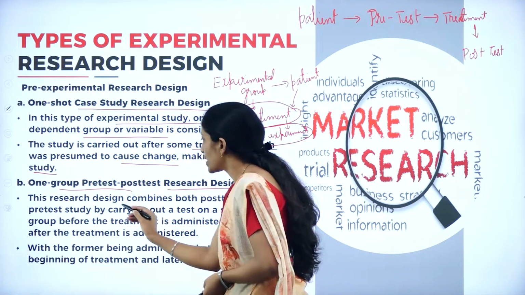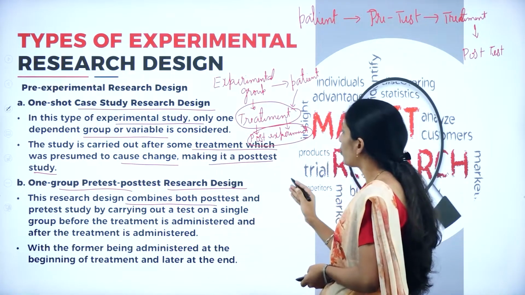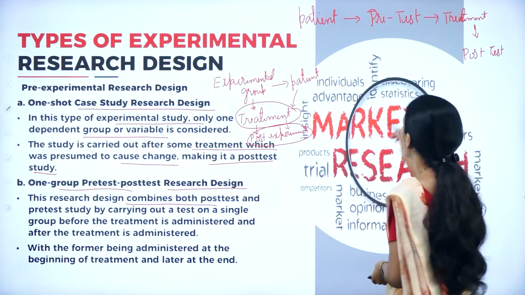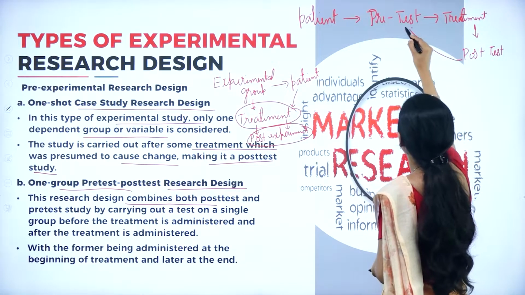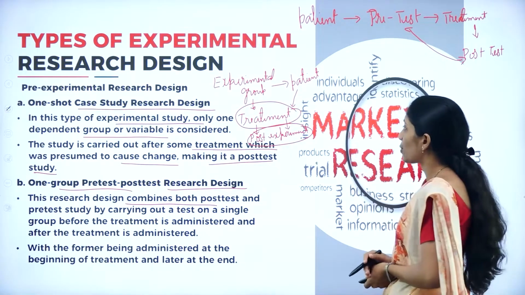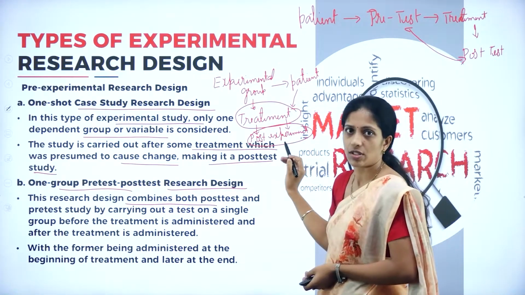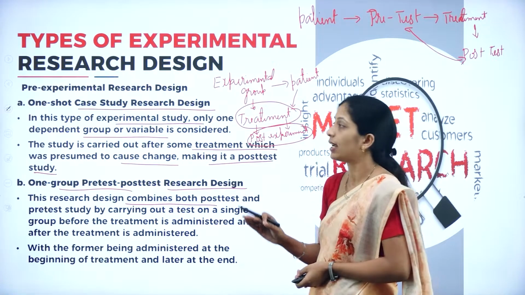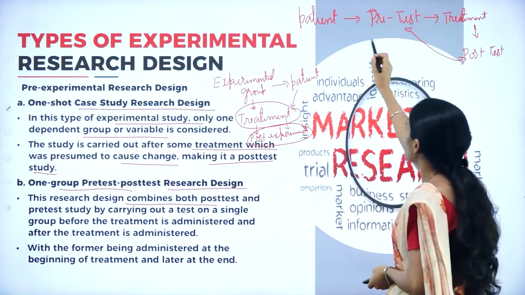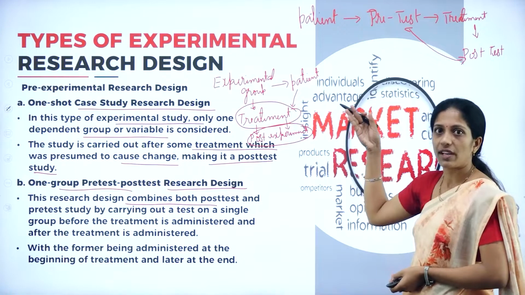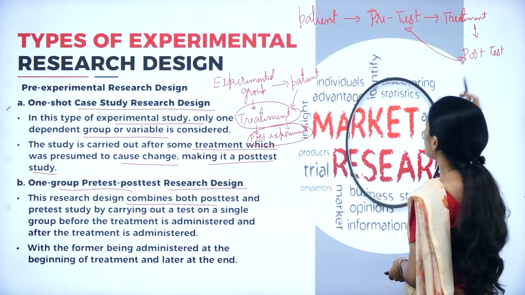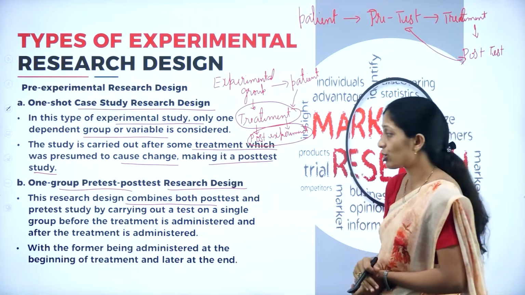So this research design combines both post-test and pre-test. But seeing the earlier one, we had only a post-test, not a pre-test of the patient. Now here what we are going to do, first we will pre-test, that is before giving the treatment. Then after giving the treatment, again we will post-test.